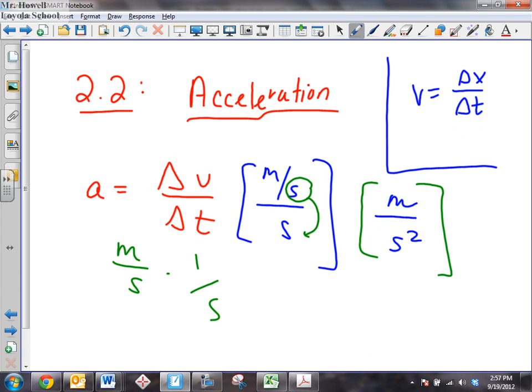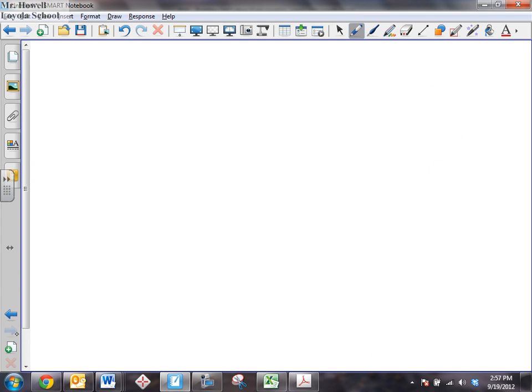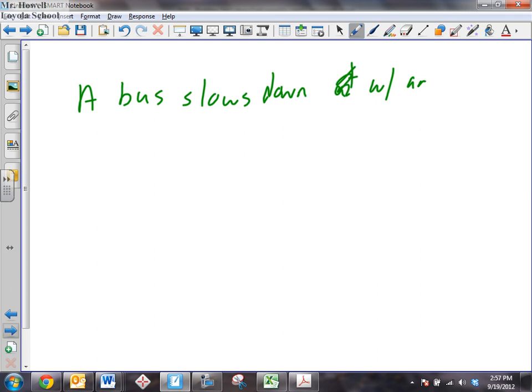That's what acceleration is. Let's go right into an example problem. It'll help us to understand this a little bit. So we've got a bus. Imagine you're in a school bus or a shuttle bus or a city bus, whatever it may be. A bus slows down with an average acceleration.